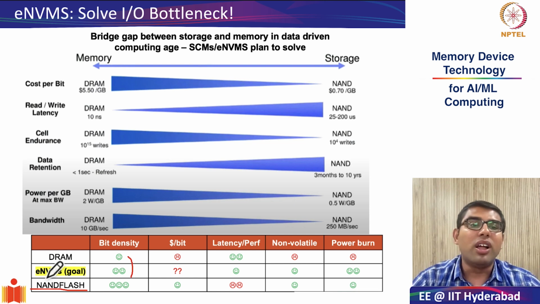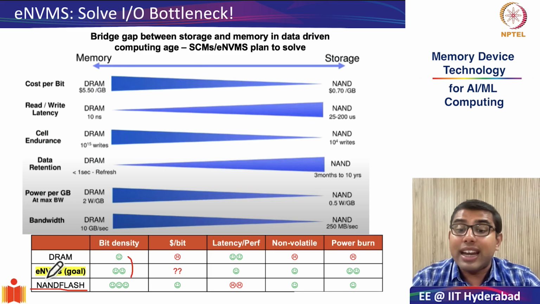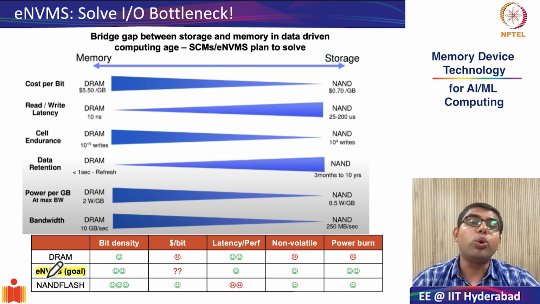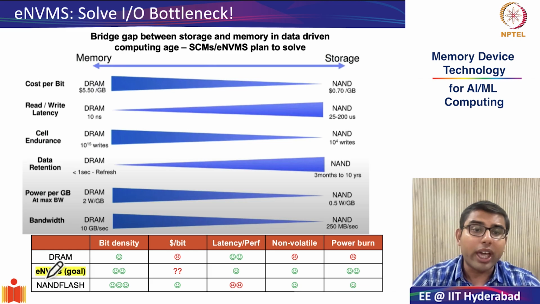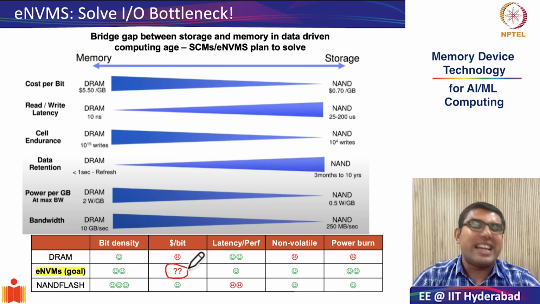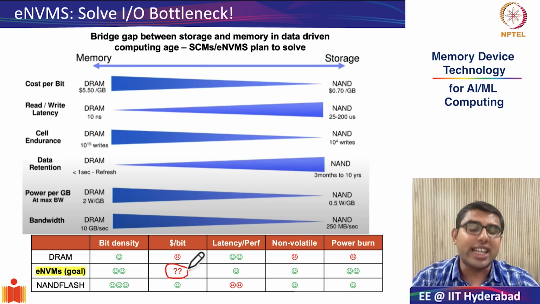But as we will see, in eNVMs it is very much possible to have multi-level cells, or you can store multiple bits in the same physical cell. Okay? And because we are not very sure about the bit density, right now commenting on cost per bit is going to be very challenging.